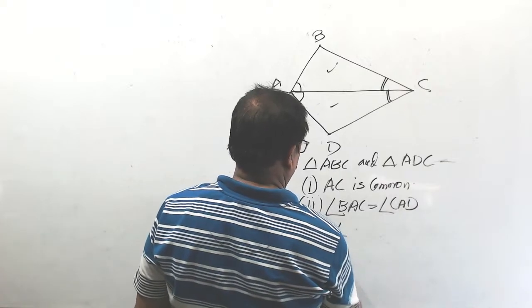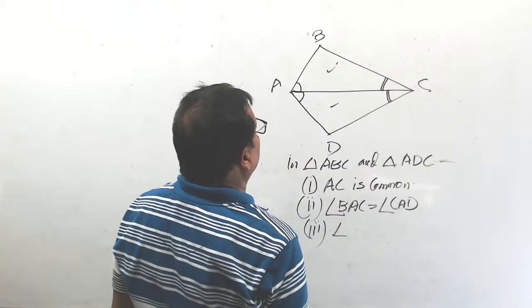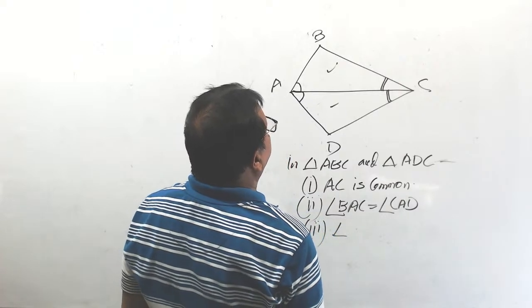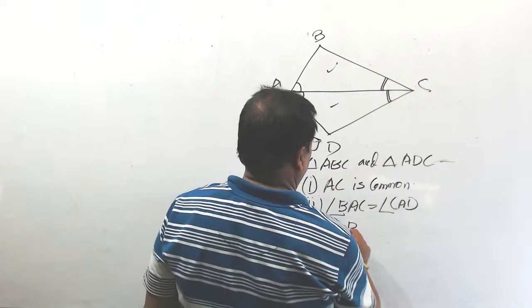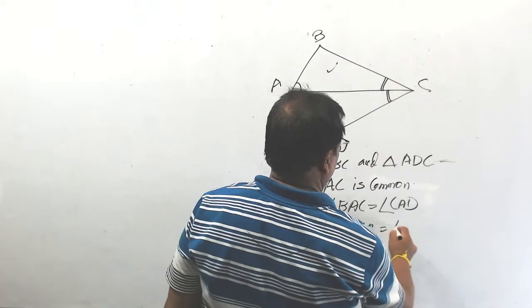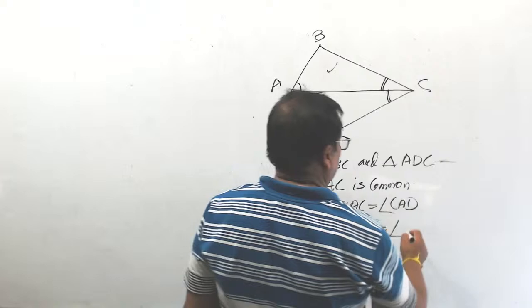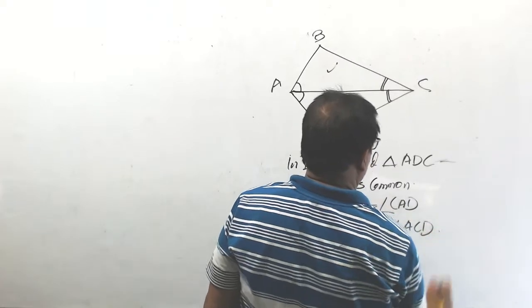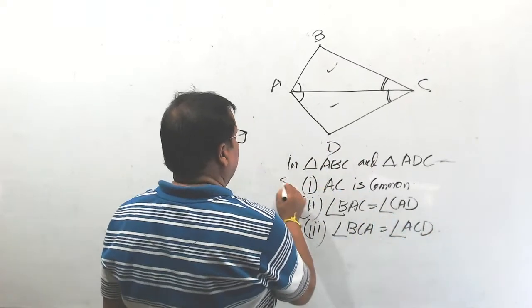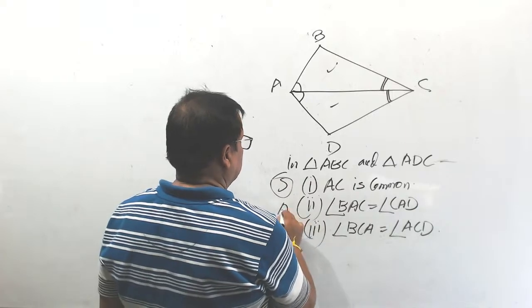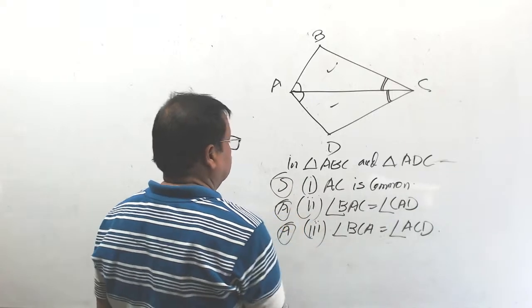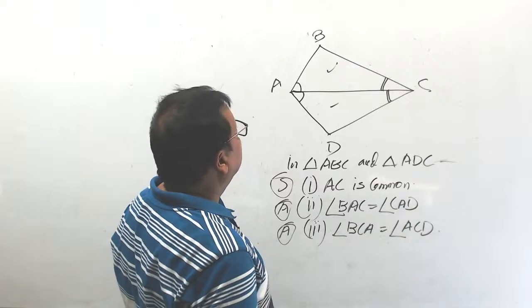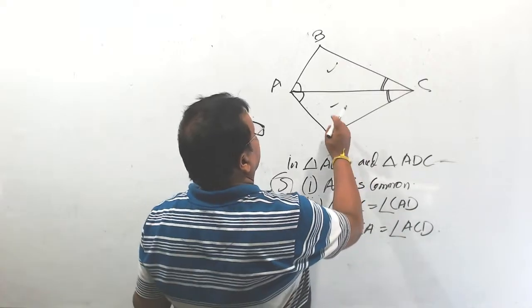angle BCA equal to angle ACD. Okay. See, AC is common. These two are angle and angle. Okay. So which property for this triangle?